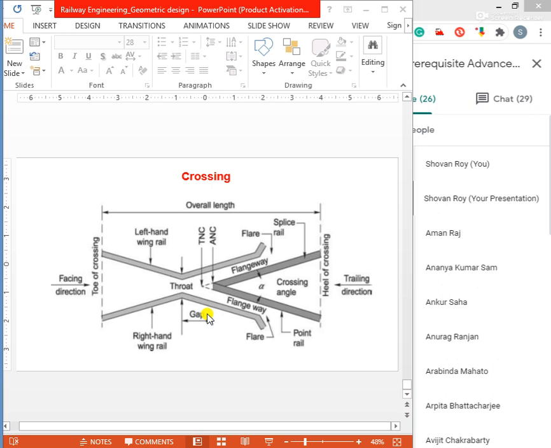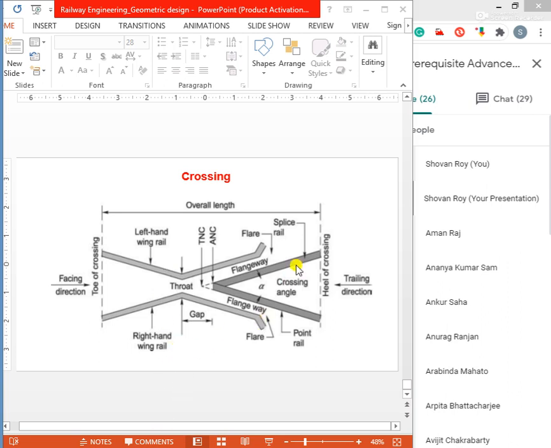Okay, so this is another critical arrangement of railway crossing, one of the critical elements of crossings. To achieve this objective, a gap is provided from the throat to the nose of the crossing. Acha.